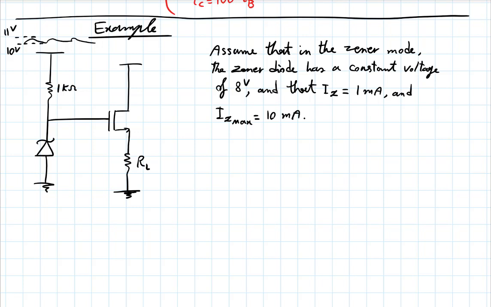Okay. Now let's put a number here also. Let's also assume that it's the same connection here, the same 10 volt to 11 volt source connected there. Okay. And imagine this here, this load, for now, let's assume it's 10 kilo ohms.